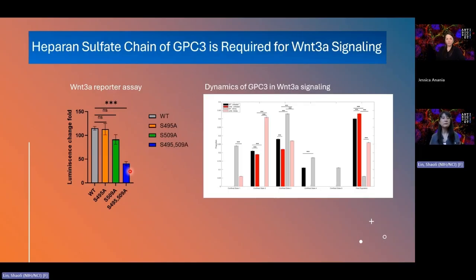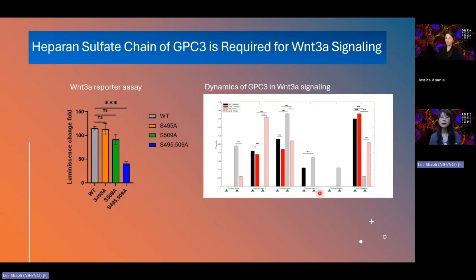Yes. And then we further identified the dynamics of GPC3 in Wnt signaling by single molecule tracking with the HiLo microscope. So without Wnt treatment, we actually identified 5 confined states for GPC3, which is represented by the black bar here. And the gray bar indicates the molecules with the treatment of Wnt3A.